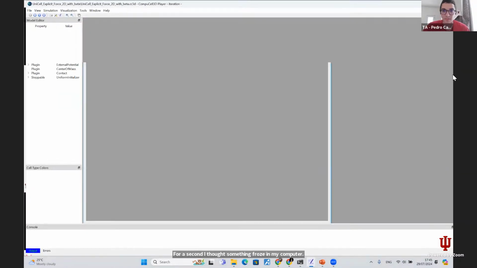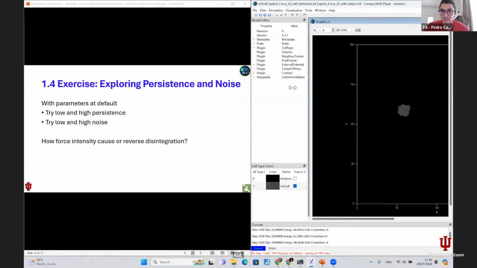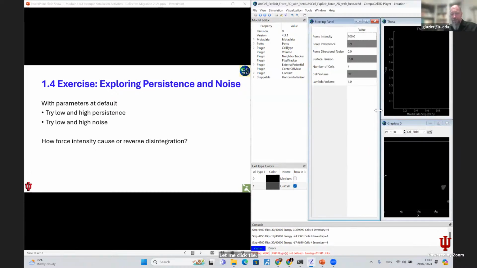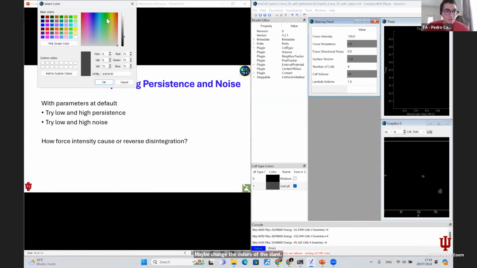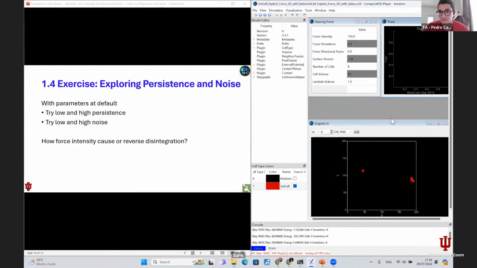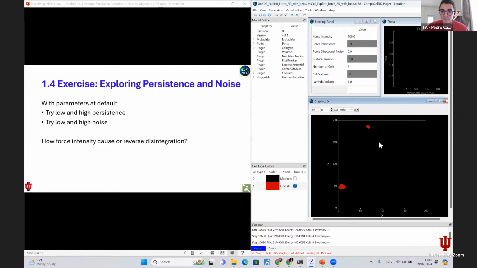Okay, opening player. This is the simulation. I hope you guys can see. Let me click tile. Maybe change the color so the cell isn't dark gray. Are you guys seeing the simulation? Are you on the same page here? Is this what you see?